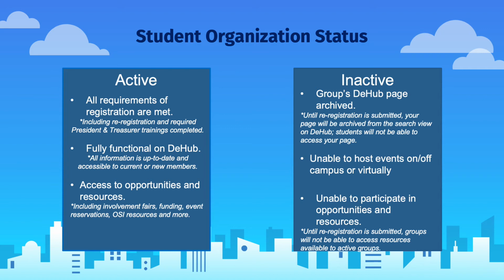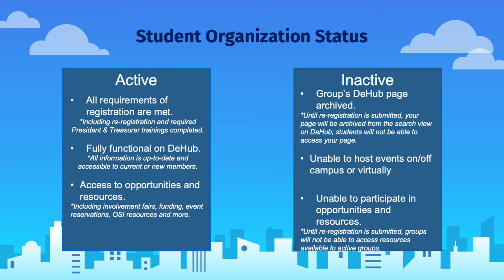These groups have a fully updated DHub page that includes contact information, updated officers, posted events, and utilizes DHub as the main hub for their group. Active groups at DePaul have access to a variety of opportunities and resources. This includes the involvement fairs, funding, reservations for on-campus spaces, and access to request OSI resources.